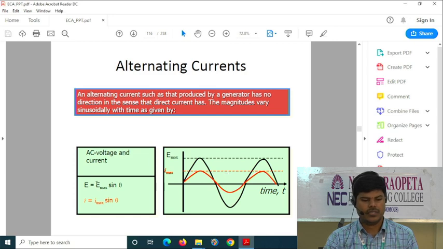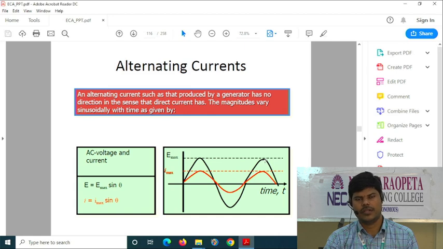In case of AC, the alternating quantity is represented by e is equal to Em sin omega t, where Em is called the maximum value or amplitude. Or else we can say current i is equal to Im sin omega t, where Im is called the maximum current. Here, the magnitude of voltage or current varies from time to time. For example, see here it is 0, here it is positive maximum, again it is 0, again it is negative maximum, again it is 0, again it is positive maximum.